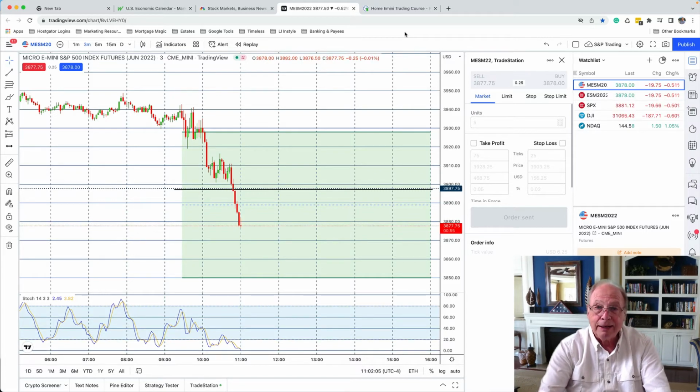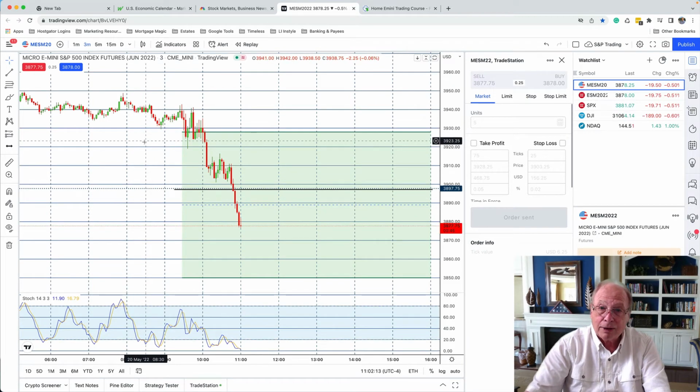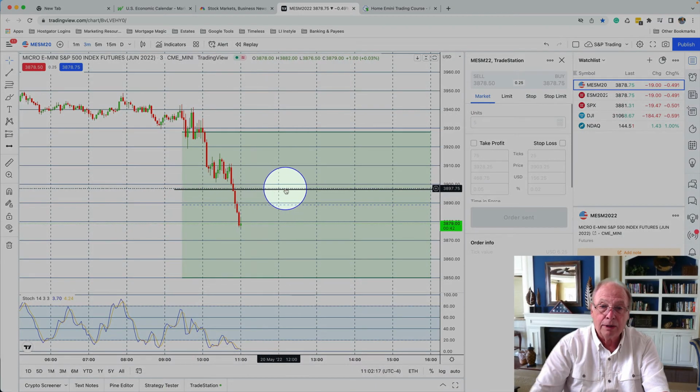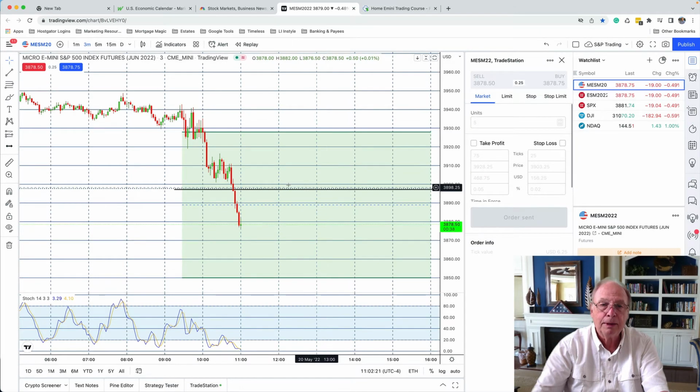The chart has 2 pieces of information on it besides the candles, and this is a 3-minute chart of the Emini. When I start the day, I always put the previous day's close. I draw a horizontal line to indicate where prices closed the previous day, and I draw my trading zone.